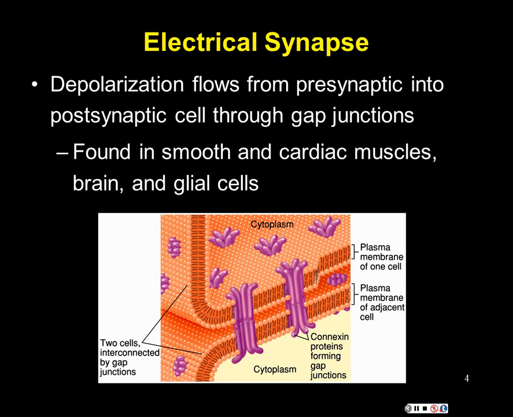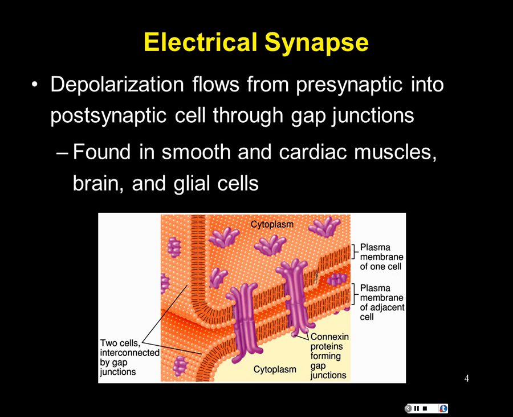So our electrical synapse is just the way that action potentials can be conducted directly from one cell to another utilizing gap junctions. Right? So ions flow between cells through little gap junctions, and it conducts an action potential.